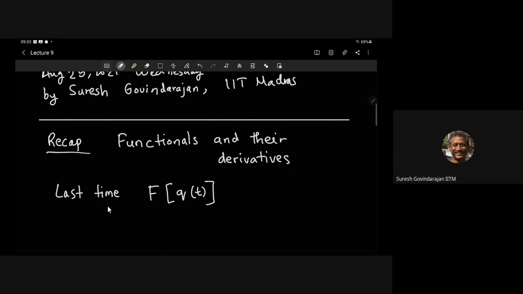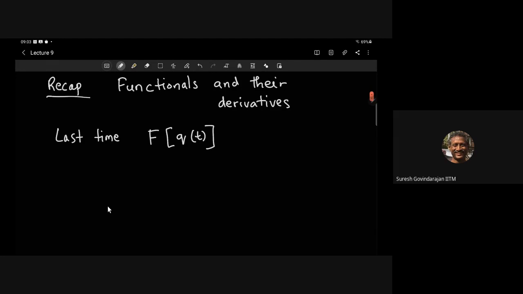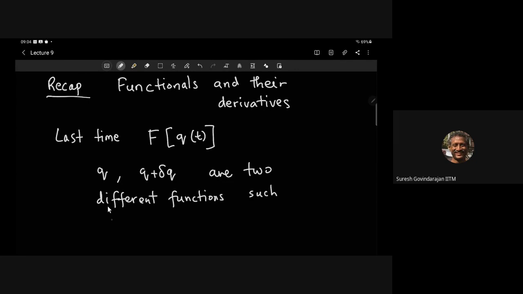So the idea was that q and q plus delta q are two different trajectories, two different functions, such that q of 0 equal to 0.